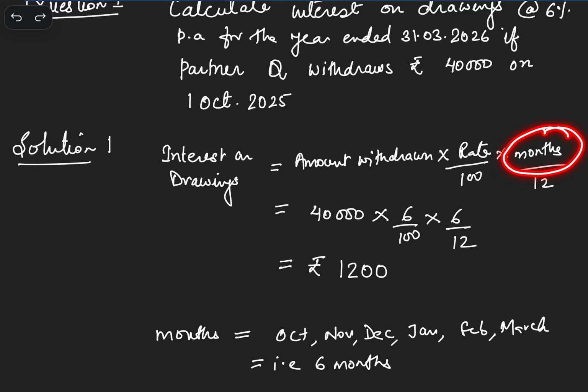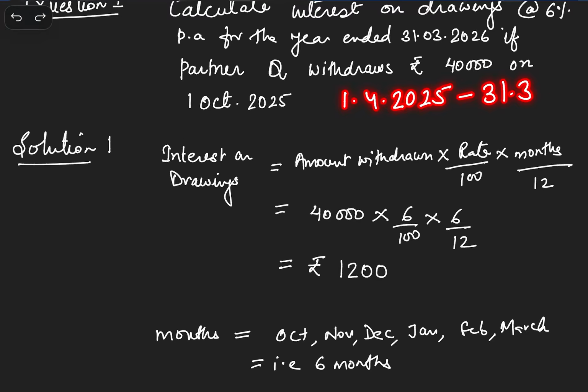Here, for months, check that on 1st October the amount is withdrawn. So on 1st October, we will consider October, November, December, Jan, Feb, March. Please see which accounting year we have to take, which begins on 1st April 2025 and ends on 31st March 2026.